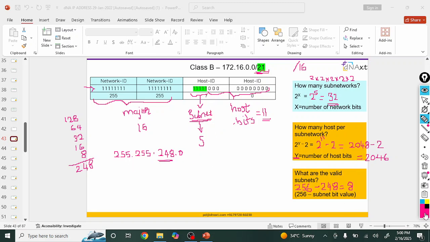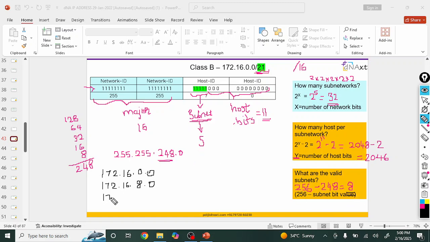So if we start writing, we will start with 172.16.0.0. First IP slash 21. Next will be 172.16.8.0, since the increment is of 8 and in the third octet.